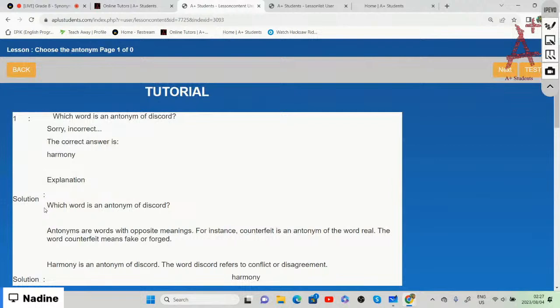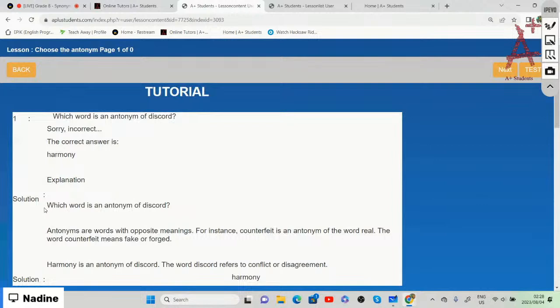So once again, an antonym is words with opposite meaning. For instance, counterfeit is an antonym of the word real. Counterfeit, opposite real.